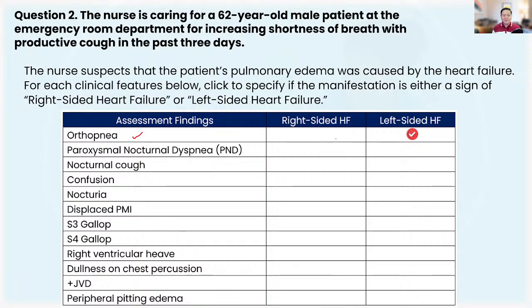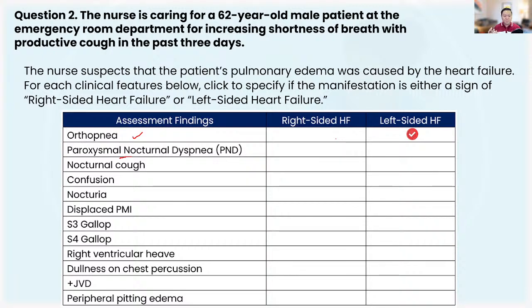Now let's take a look into the paroxysmal nocturnal dyspnea. We call that the PND, okay? PND, paroxysmal nocturnal dyspnea. What is that? Well, this is basically the sudden shortness of breath that will awaken the person from sleep.